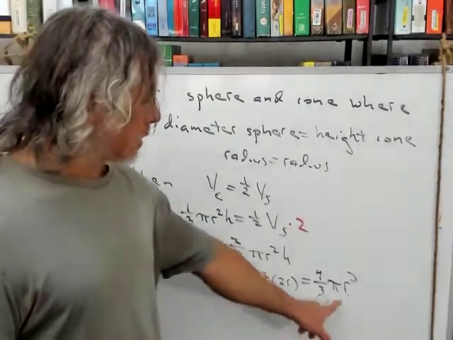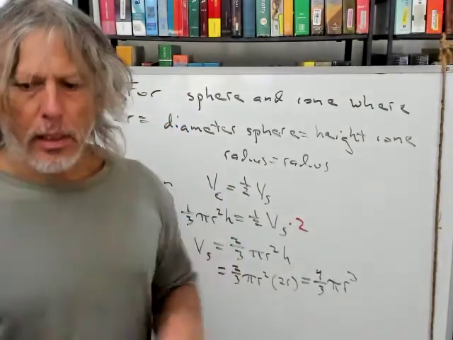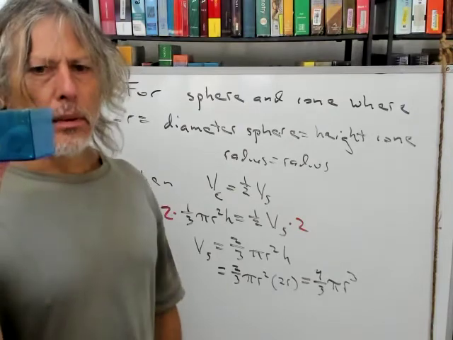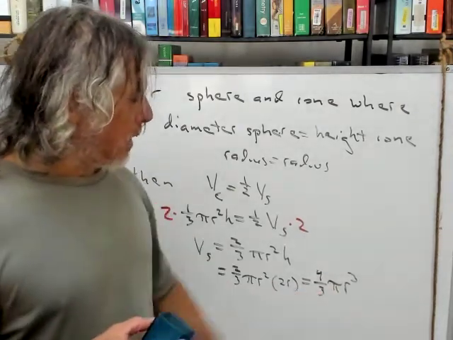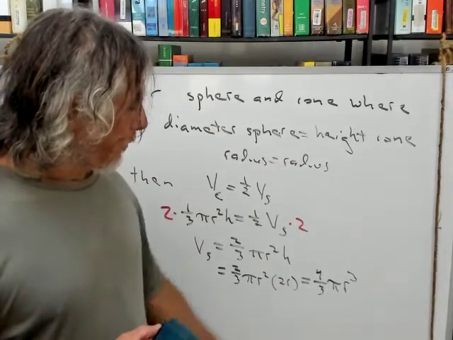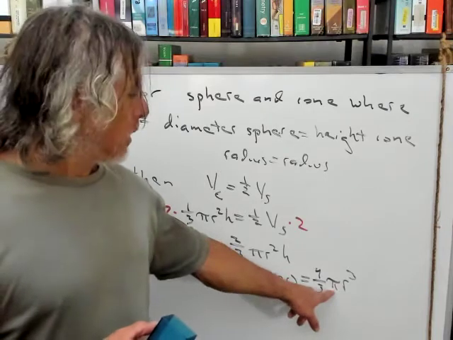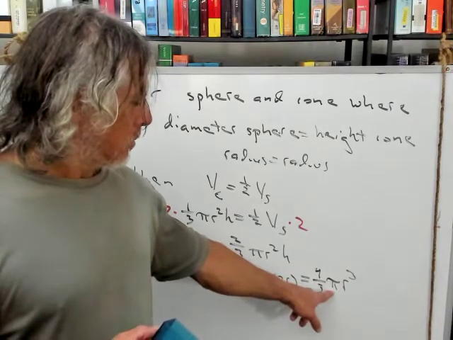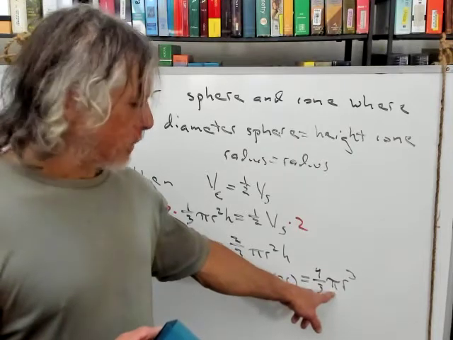So 4/3 times r cubed, which is like the volume of a cube. That's r by r by r. 4/3 is about 1/3, pi is 3 something. So 1/3 of 3 is 1. And 1/3 of 0.4 is about 0.04. 4 times that is 0.16.